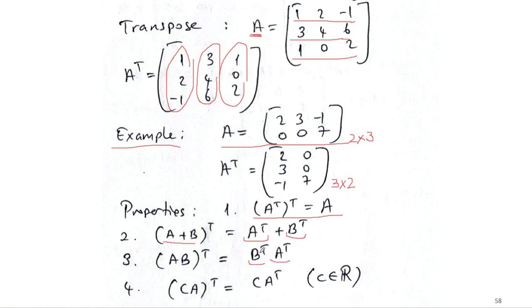So the order changes if we have a multiplication of two matrices inside the parentheses. But if we have a scalar C, which is just a real number, scalar times the matrix A, if we take the transpose, we can take the scalar out of the transpose. So we have C times A transpose.